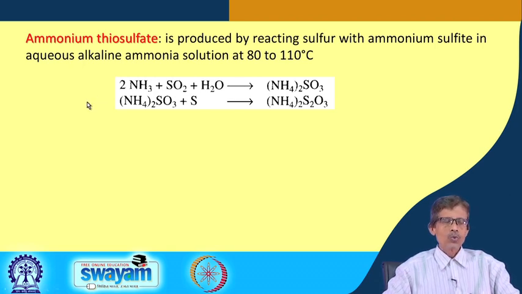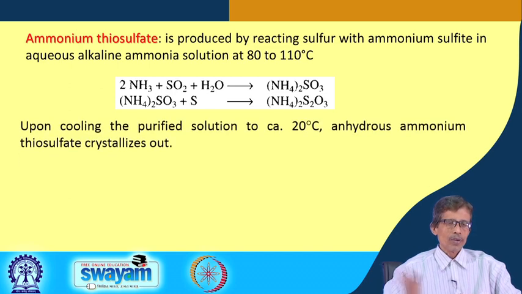So, these two simple reactions can be useful for not only trapping sulfur dioxide, but also trapping ammonia gas and elemental sulfur for the production of a useful compound, which is your ammonium thiosulfate.